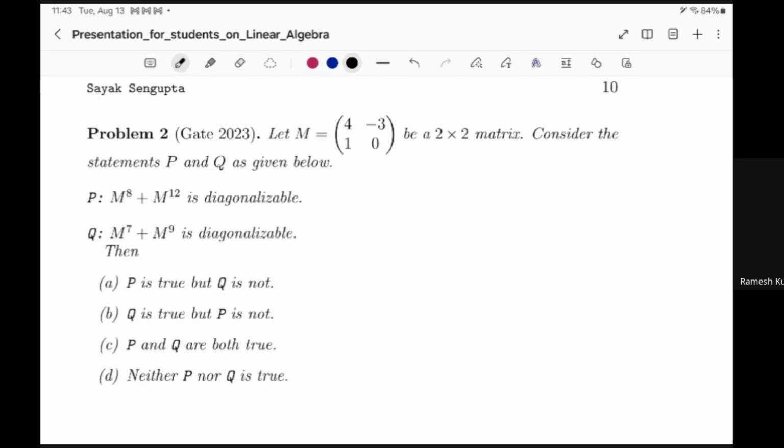You have to say if either P or Q is true or not. Okay, so how would you do that? First of all, I would leave it as an exercise for you to check that M is a diagonalizable matrix. In this case, it's easy to check because the eigenvalues of M are distinct. There are two distinct eigenvalues of M. And I have already mentioned that when you have distinct eigenvalues, then it's always diagonalizable.